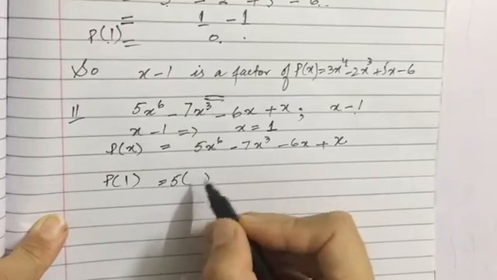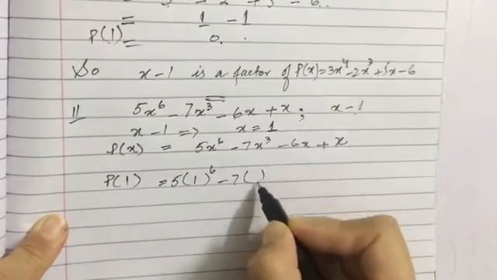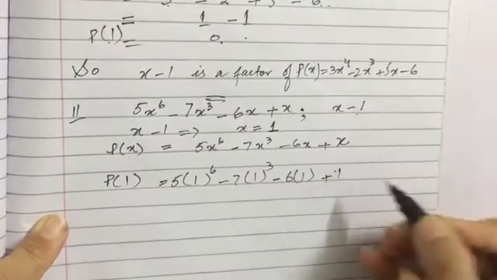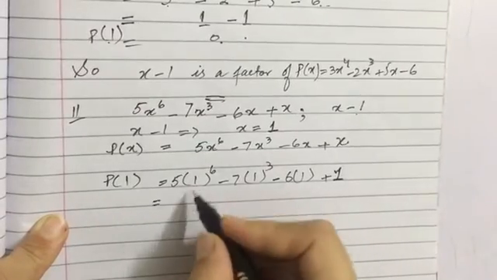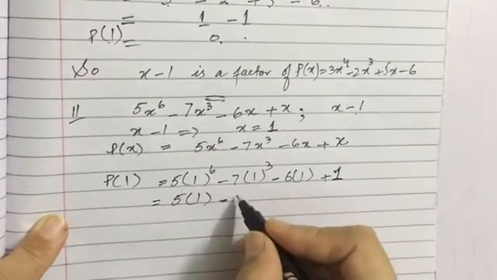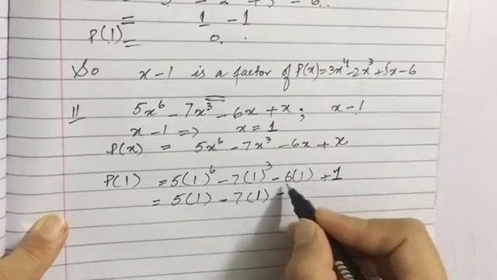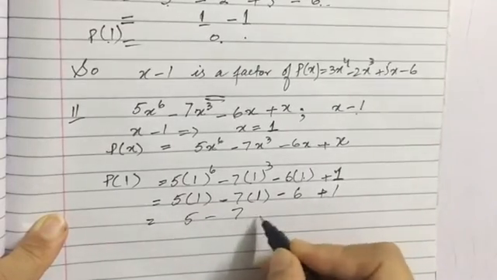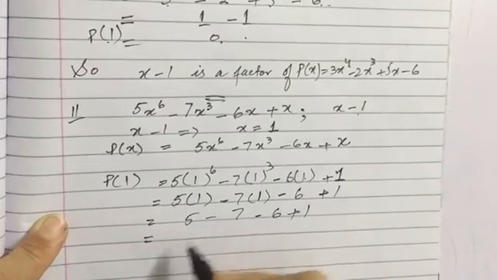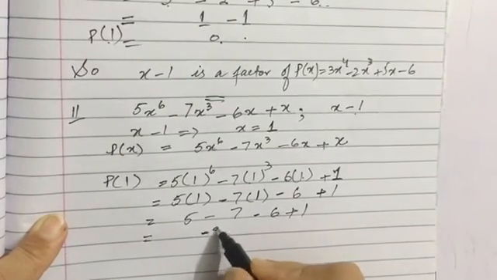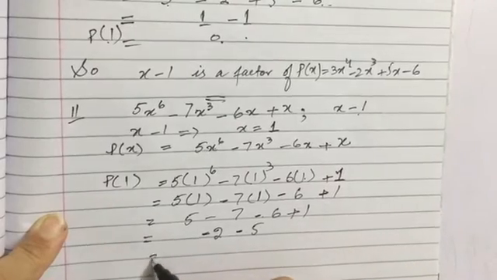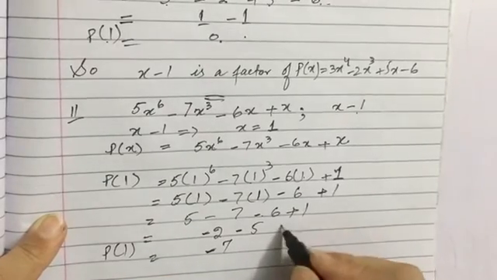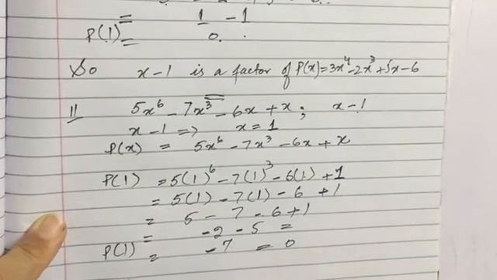So we will replace x with 1: 5 into 1 raised to power 6 is 1, minus 7 into 1 raised to power 3 is 1, minus 6 times 1 is 6, plus 1. And now 5 minus 7 minus 6 plus 1, we will get minus 2 here and minus 5 here and minus 7. So P of 1 is minus 7, which is not equal to 0.